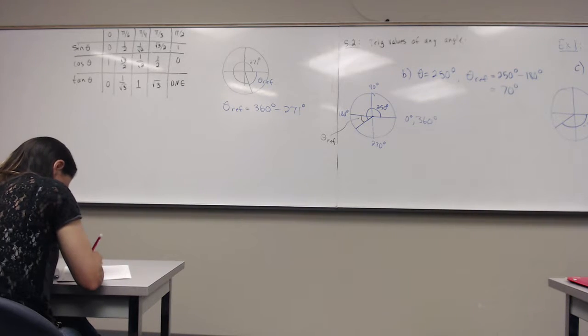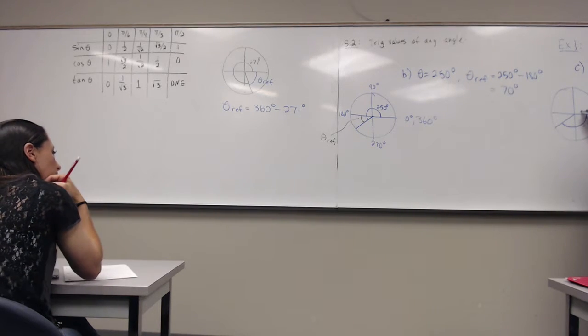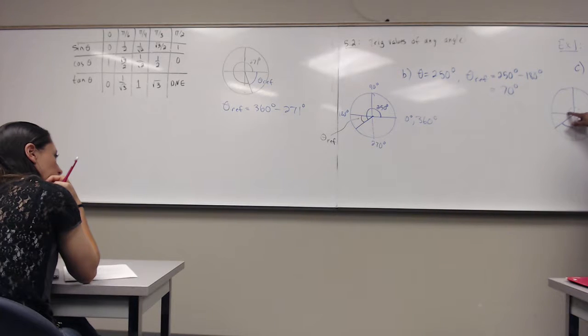Could you also add 2 pi to that to get a coterminal angle, or would that give you a different answer? I guess you could add 2 pi to this to get a coterminal angle. That would just be giving you probably this angle right here. I would probably just draw the picture and reason it out.